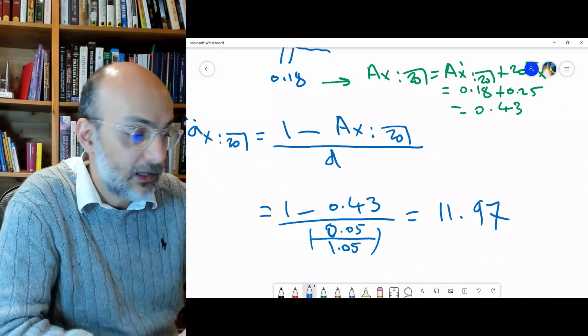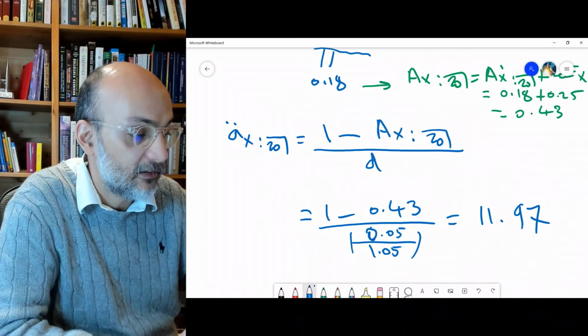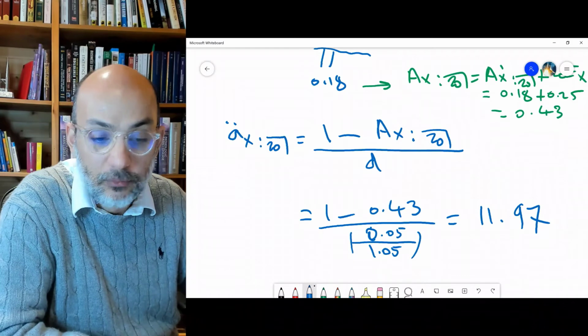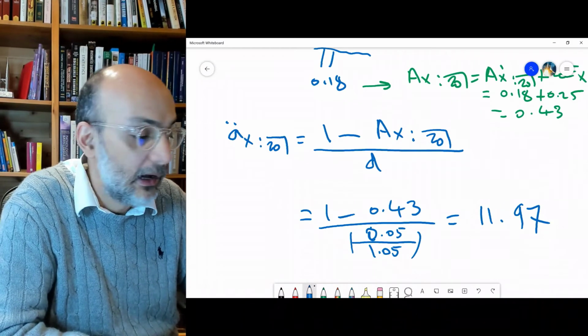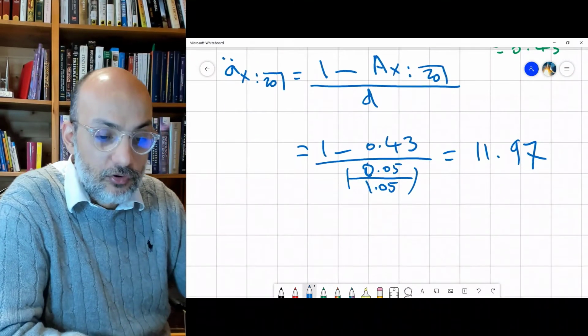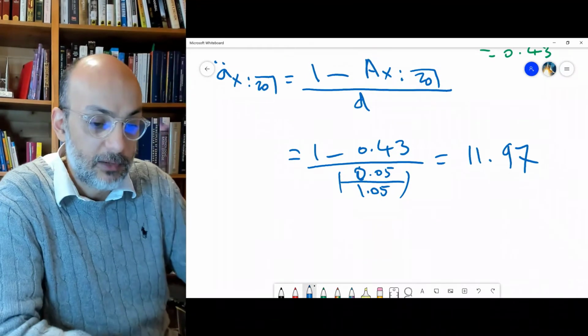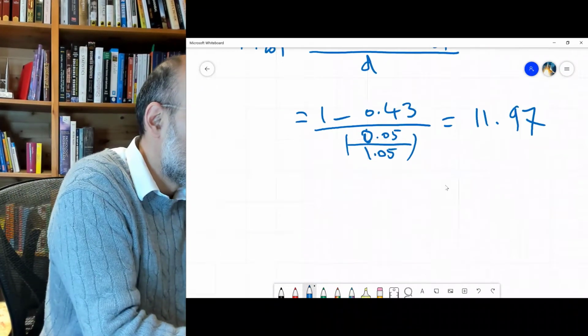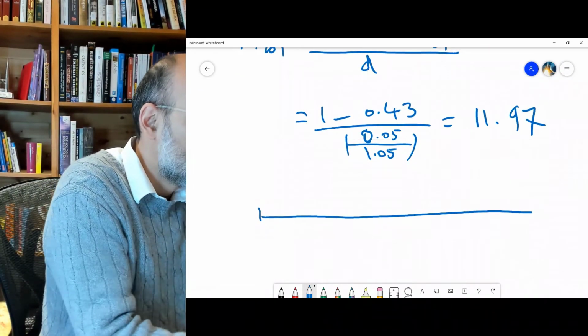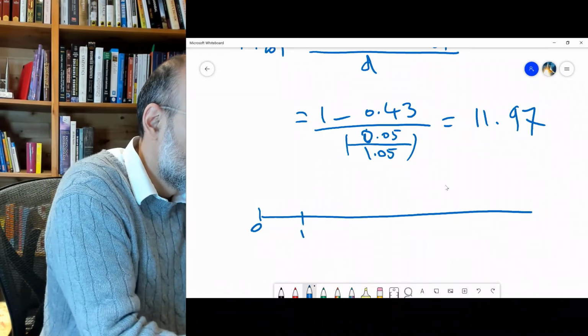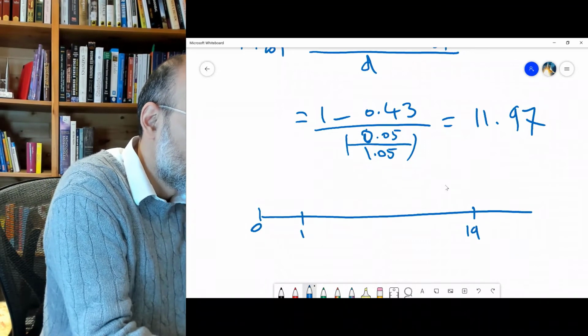We need to be very careful about it because this is the one with accent, the double dot. We need to move from this one to the regular one. But let's draw a line here because we need to be careful about this one. Let's draw a line. So we have 0, 1, 19, 20.